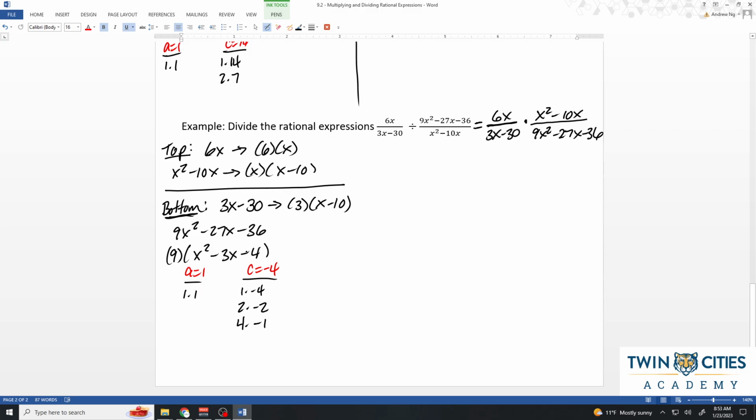To get negative 3, I'm going to want 1 times negative 4, because 1 plus negative 4 will make negative 3. So this will factor to 1, 1 means x here, 1, negative 4, so plus 1 minus 4, and don't forget, we took a 9 out at the beginning.